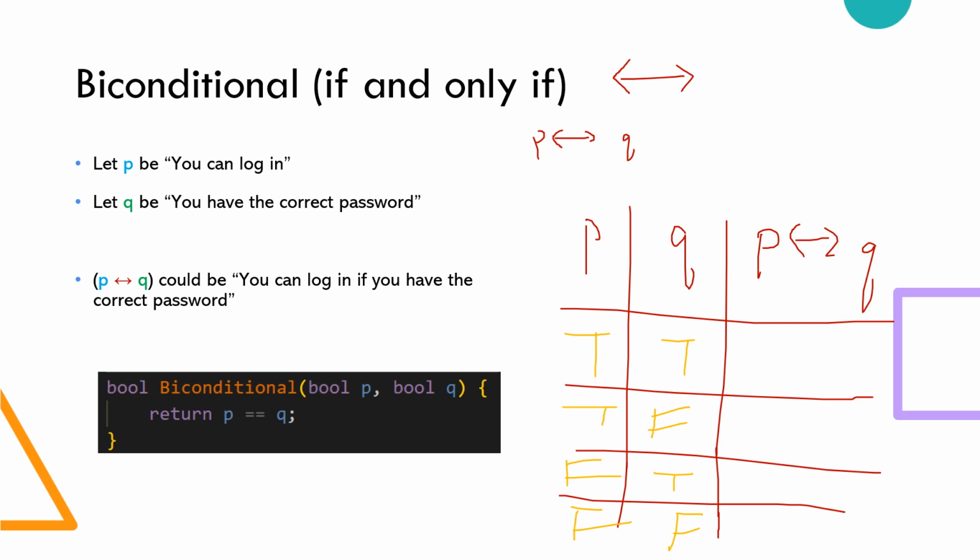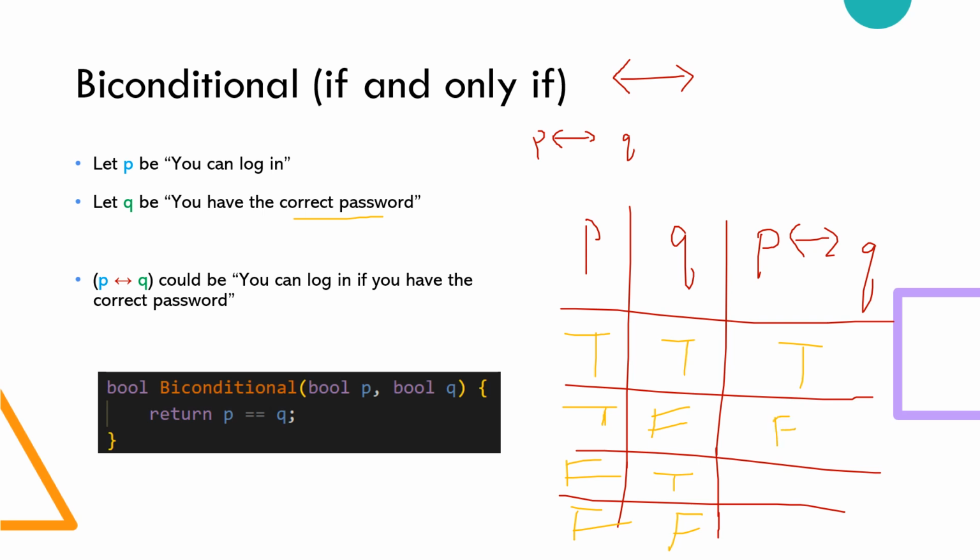So P if and only if Q could be you can log in if and only if you have the correct password. If you have the correct password, you can log in. So that is true. You can't log in if you don't have the correct password, so if P is true and Q is false, then that is false.